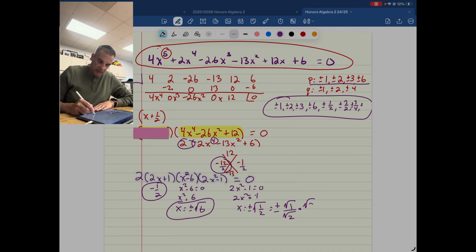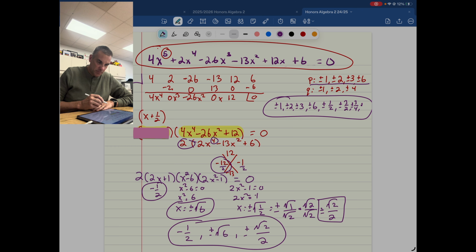We can't have radicals in the denominator. So we multiply by the square root of 2 over the square root of 2, which would be the square root of 2 over 2. So plus or minus the square root of 2 over 2. So we've got our zeros, negative 1/2, positive or negative square root of 6, and positive or negative square root of 2 over 2. There it is.